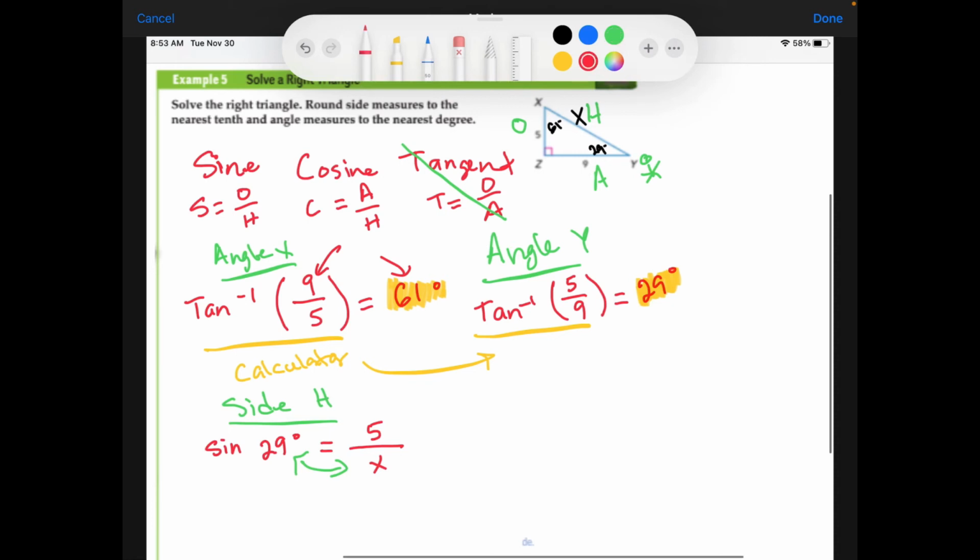And so this becomes X is equal to 5 over the sine of 29 degrees. And so what you're going to put in the calculator is this, and that'll be your hypotenuse.